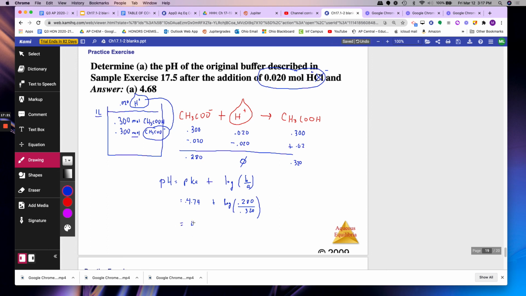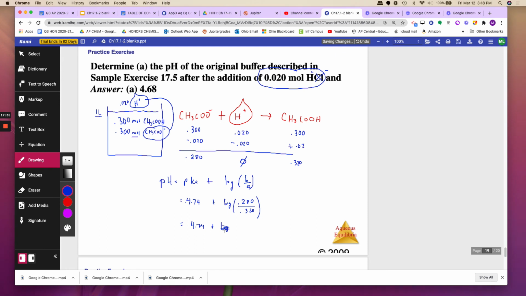You're going to get 4.74 plus log of these two. Let me just calculate that. 0.28 divided by 0.32 equals log, negative 0.0580. And then add that to 4.74. Your new pH is 4.68.